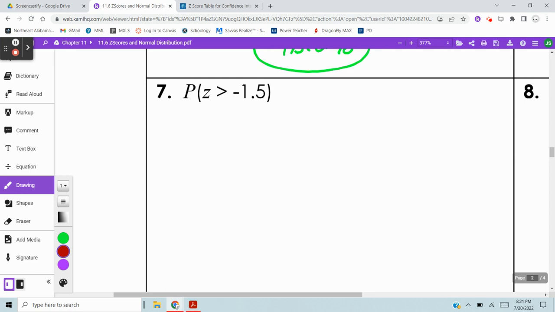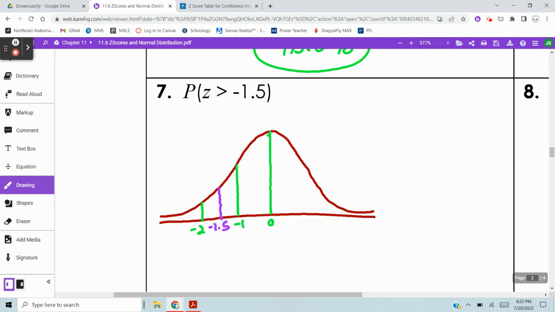Let me draw this scenario for you, and I want to show you how I like to do these. I use the symmetry a ton. So what I'm actually looking for is all this area over here. I do want to tell you that it obviously is going to be greater than 50%, because here's our mean, and this is half of our area.